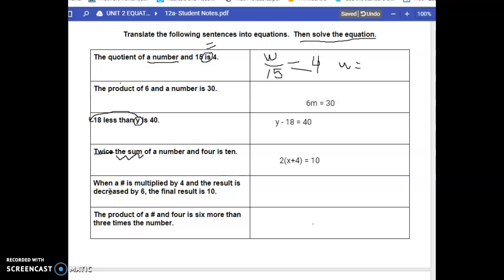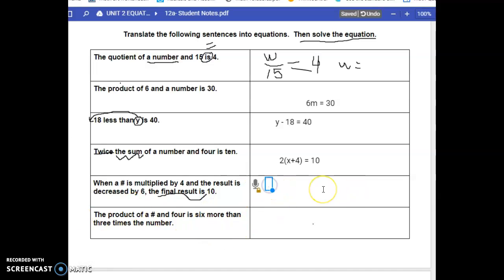Down here it says when a number is multiplied by 4 and the result is decreased by 6, the final result is 10. This one is a little bit tricky because it says the result is and the final result. This down here, the final result, that is actually representing your equal sign.